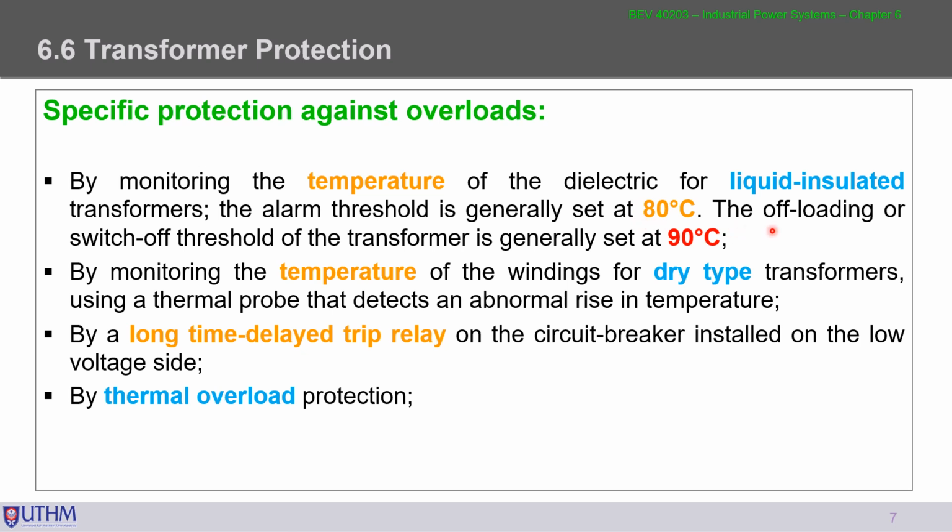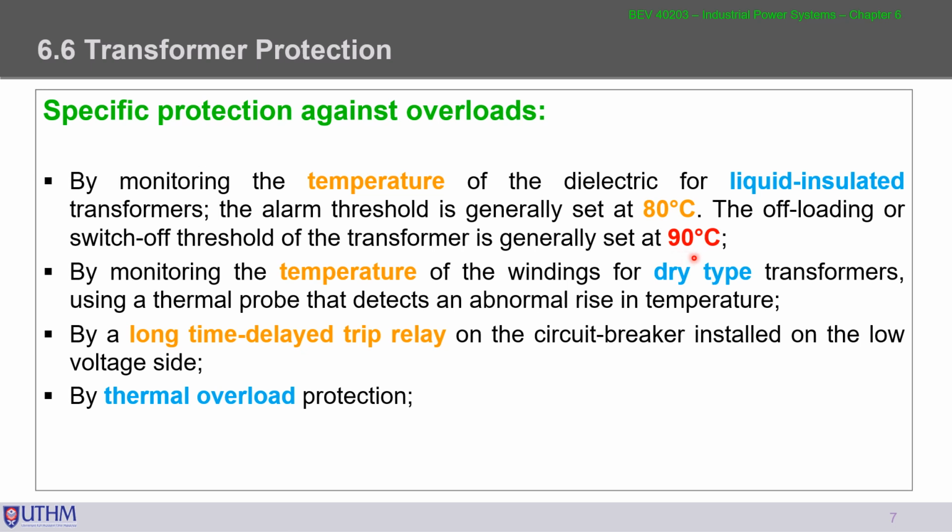For the de-energization condition, when we offload or switch off the transformer, the threshold temperature is a little bit higher, which is 90 degrees Celsius.